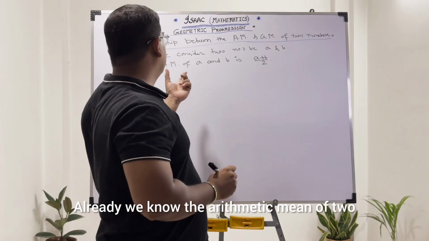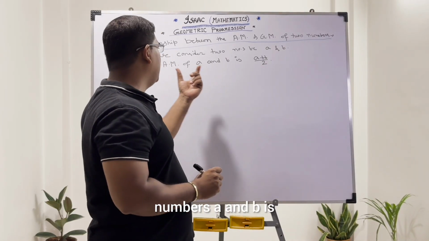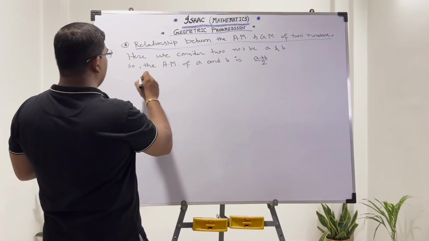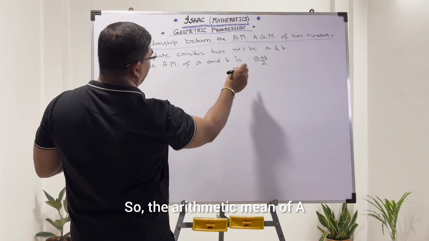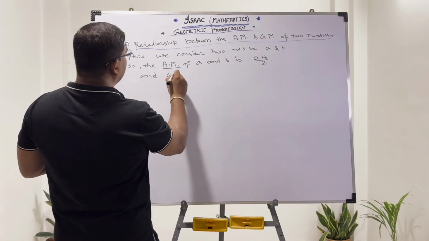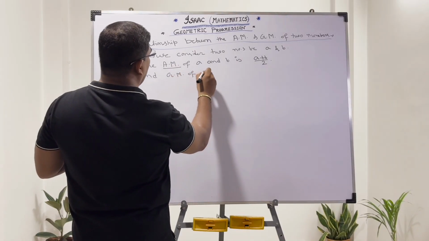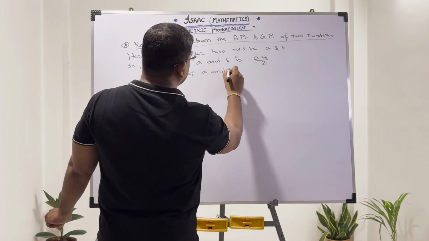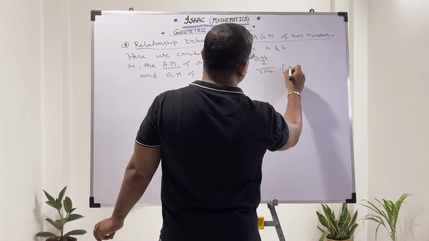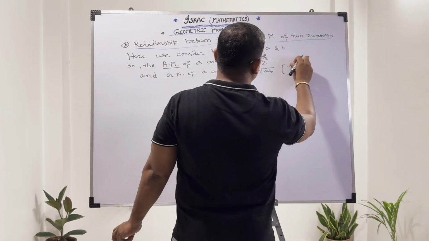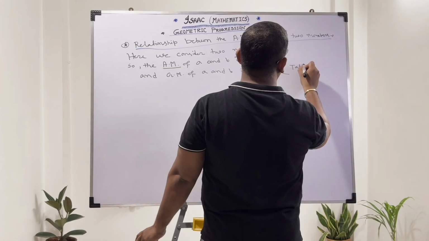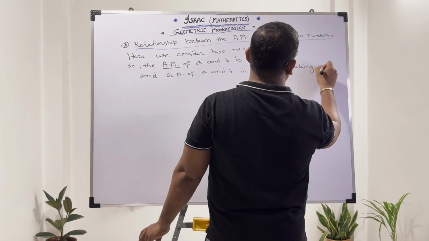Already we know the arithmetic mean of two numbers A and B is A plus B whole divided by 2, and the geometric mean of A and B is root over of AB, taking the positive value.